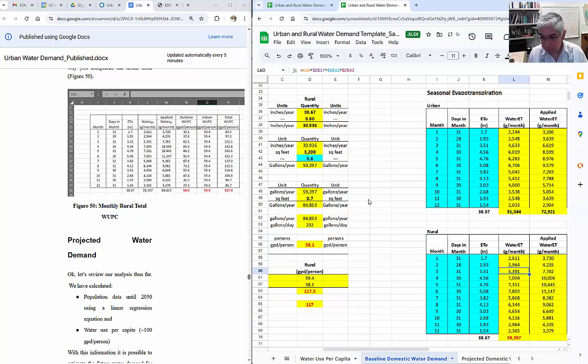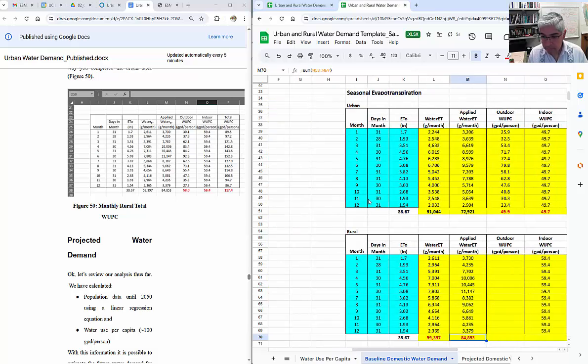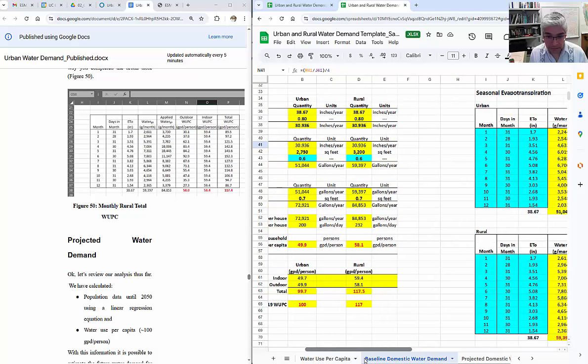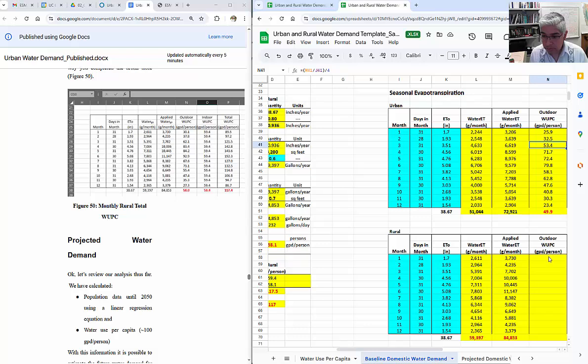And the same. The outdoor water use per capita will be to multiply that column times this, sorry, open up this many gallons per month divided by the number of days, and then divided by 4 people.